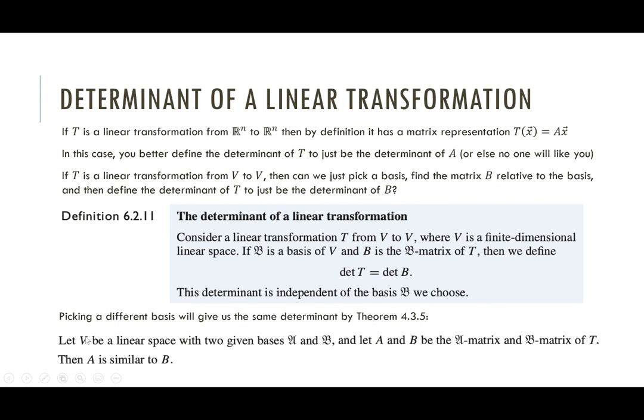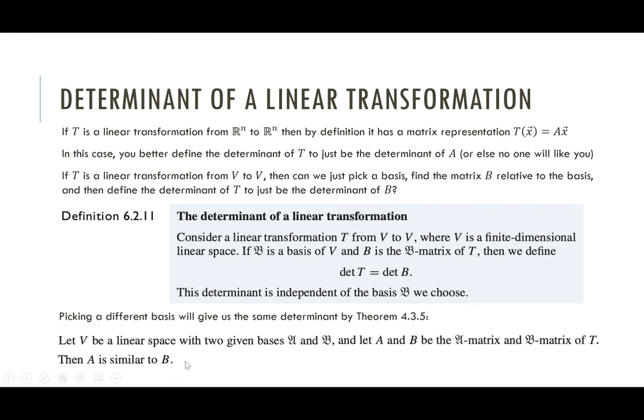This theorem says that if you have an abstract vector space with two different bases, U and B, and we let A be the matrix you get from the U basis, and B is the matrix you get from the B basis, then in that case, A and B are similar.